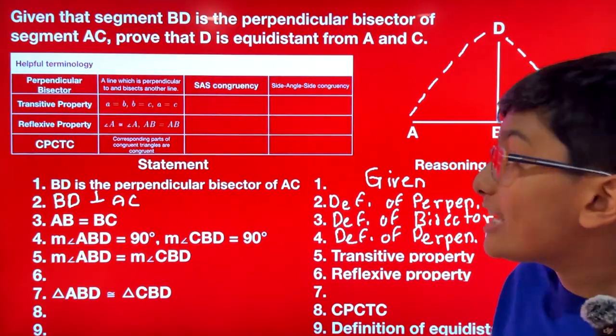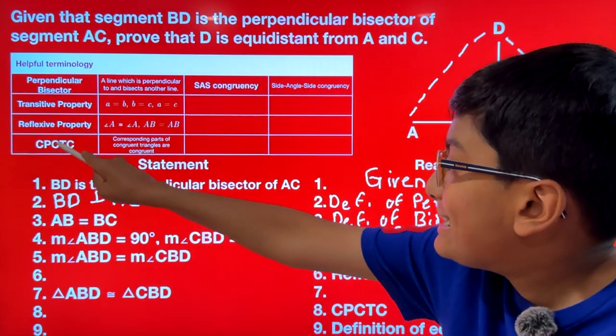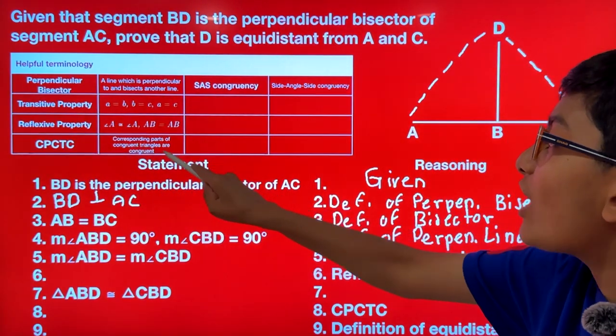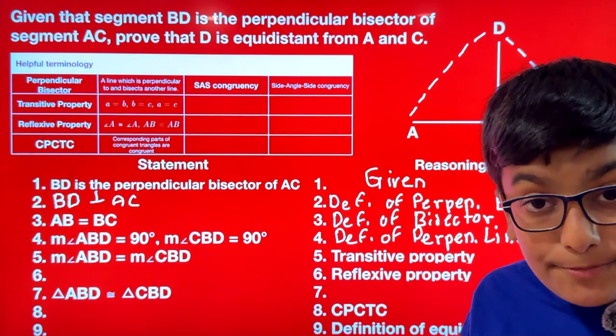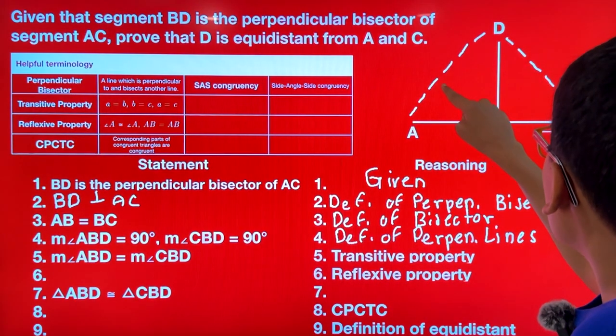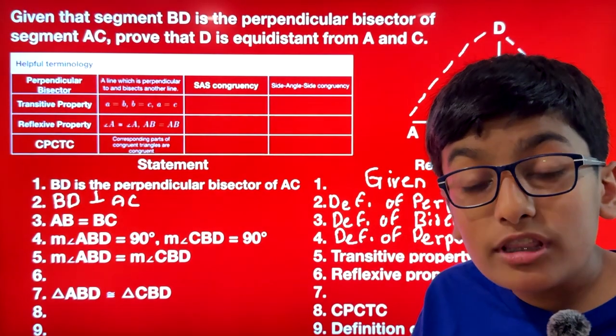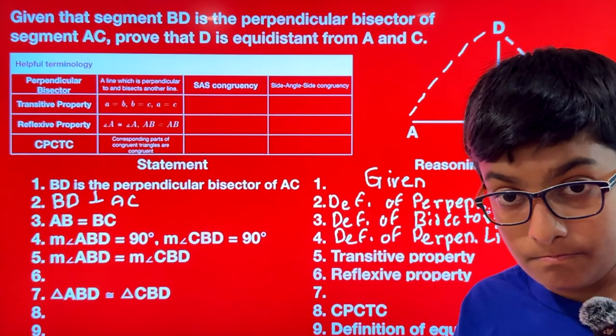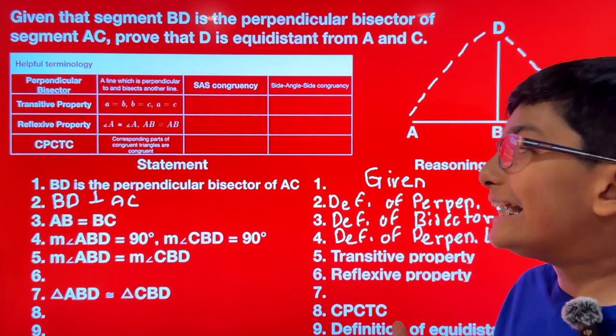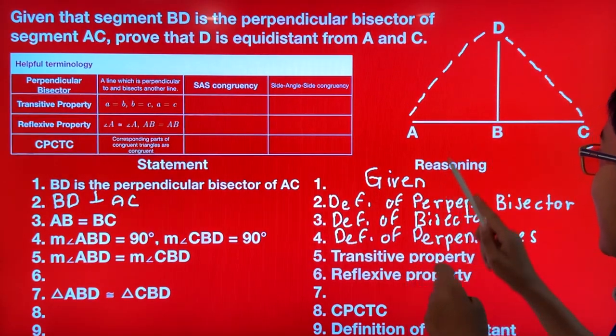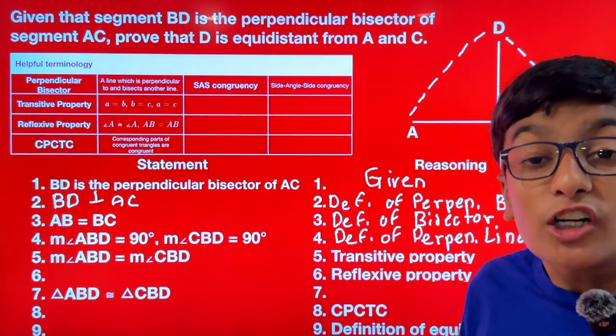They would have the same length because CPCTC, corresponding parts of congruent triangles are congruent. And these are corresponding parts. They are the hypotenuses of both triangles. So, we're going to need to prove that these two triangles are congruent.